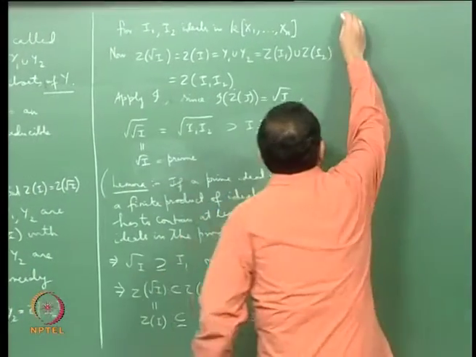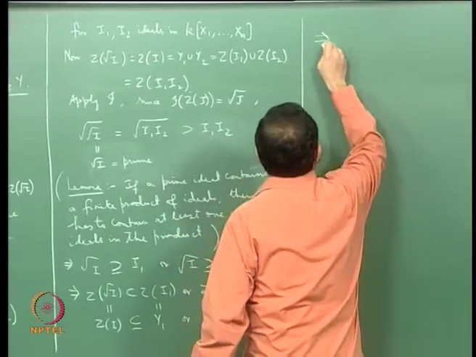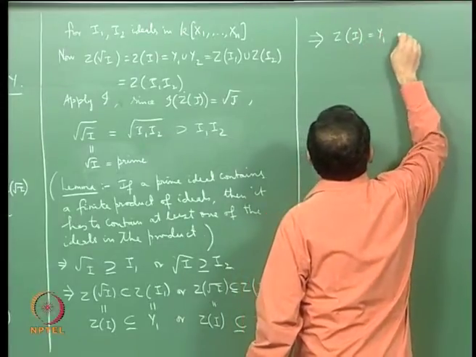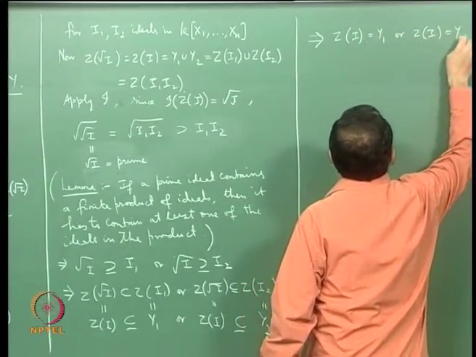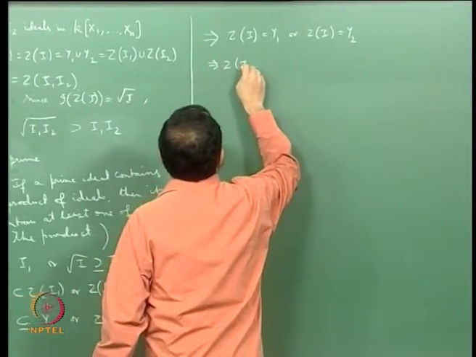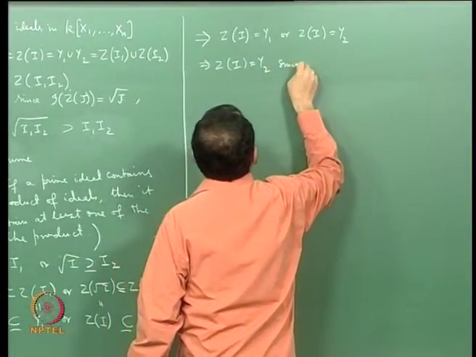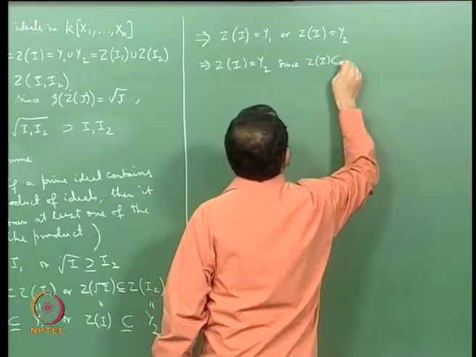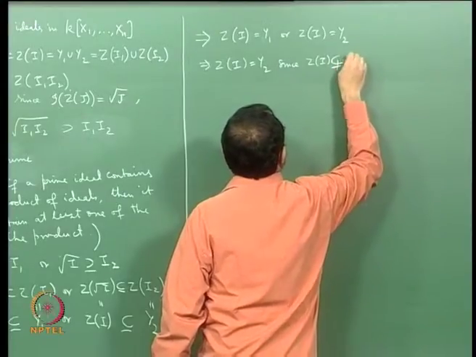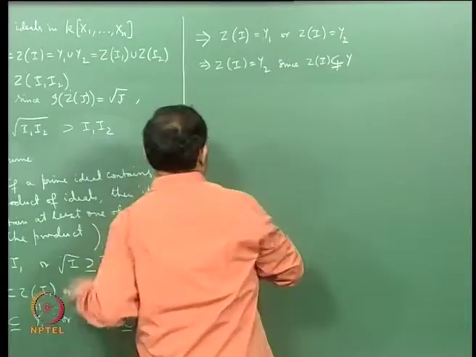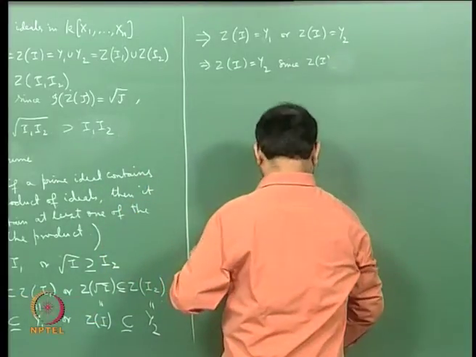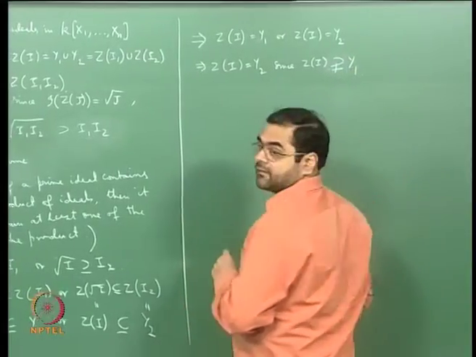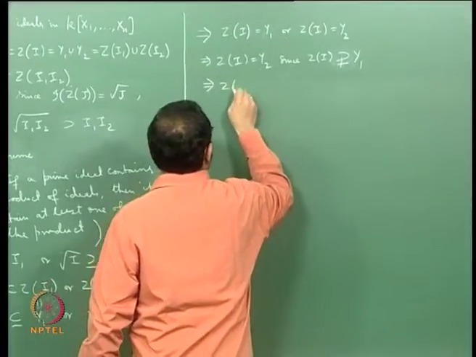So let me write that down. This implies that Z of I is equal to Y1 or Z of I is equal to Y2, which implies that Z of I is equal to Y2, since Z of I is supposed to properly contain Y1, okay, and this implies that Z of I is irreducible.